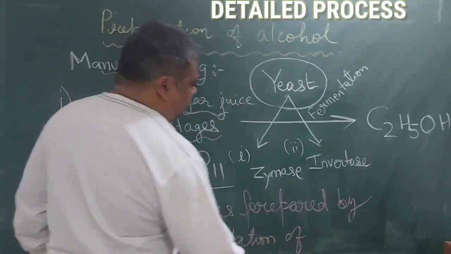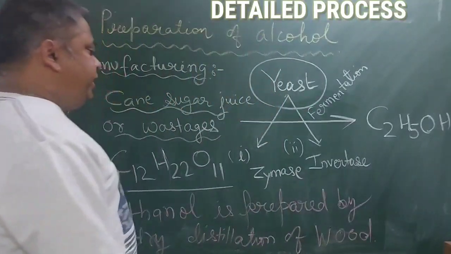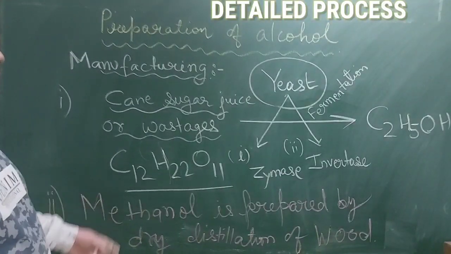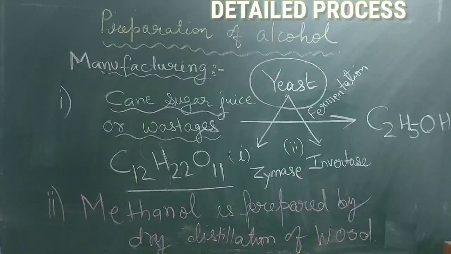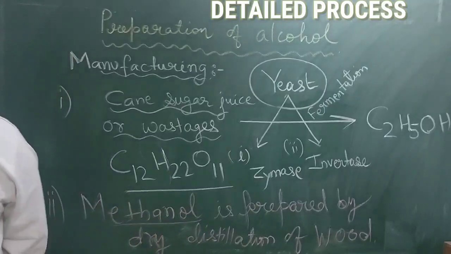Wood is made to undergo heat in a closed glass vessel, and it gives out vapors of methanol, which is condensed and collected in some other vessel. Okay, so these are the manufacturing methods.